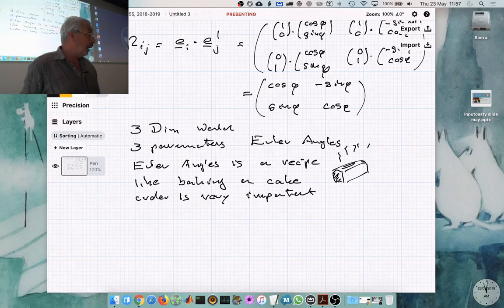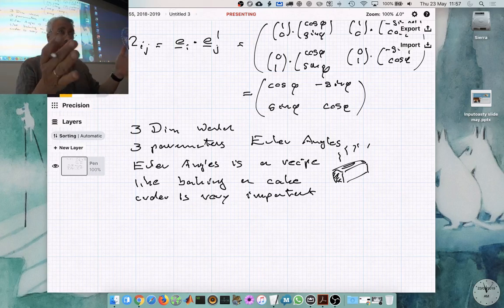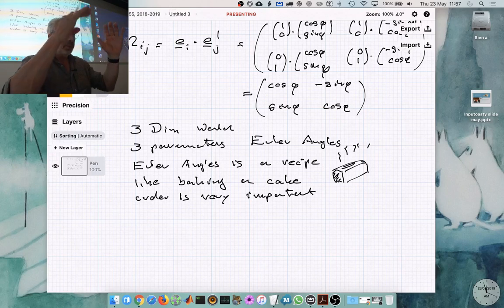Okay, what do you need for a cake? You need an oven, you need a form to put the cake in, you need flour, you need sugar, you need butter, and something to mix it, right? Now, with all these ingredients, you can have various orders.